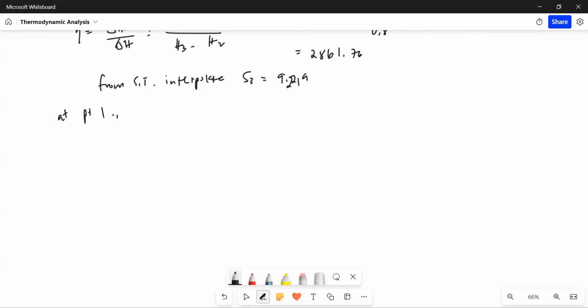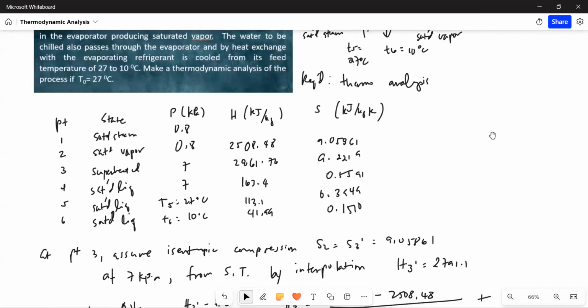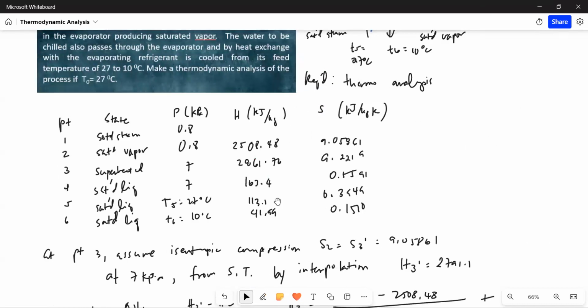Throttling process. Throttling, therefore H4 is equal to H1 is equal to 163.4. So let's write that in the table. This is 163.4.